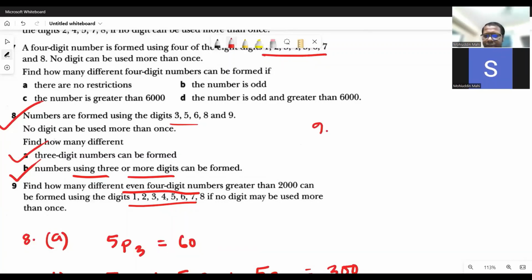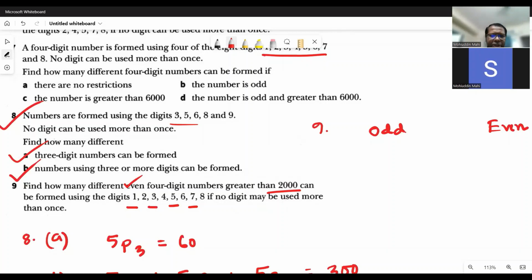So what we can do here, we can consider the first digit as odd and last digit as even. Okay, so how many odd numbers are there? There are 1, 3, 5, and 7. Now be careful. At the first position, we cannot put 1 as the odd number. Why? Because the number has to be greater than 2000.